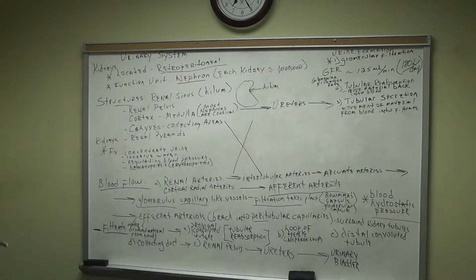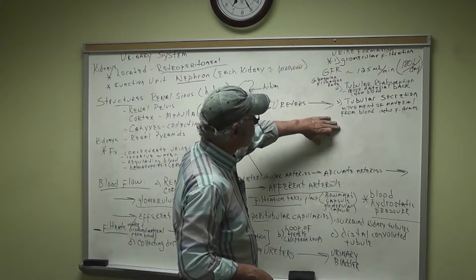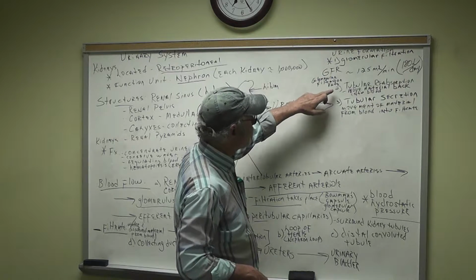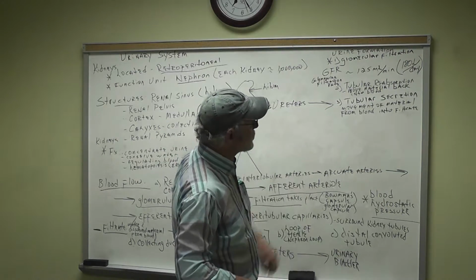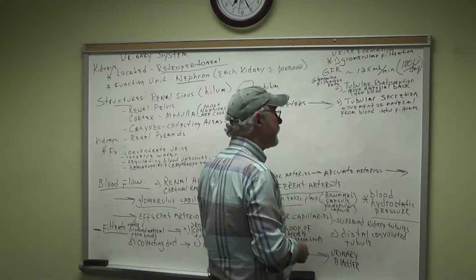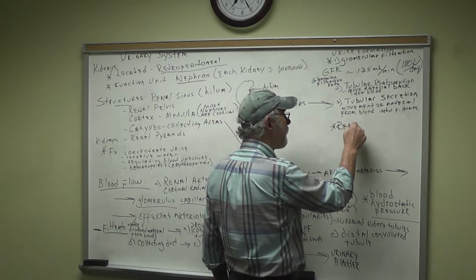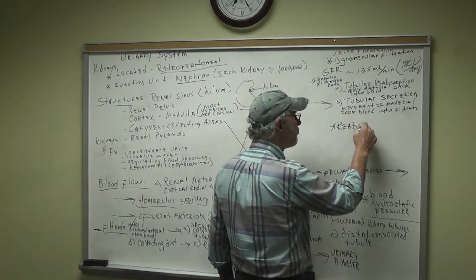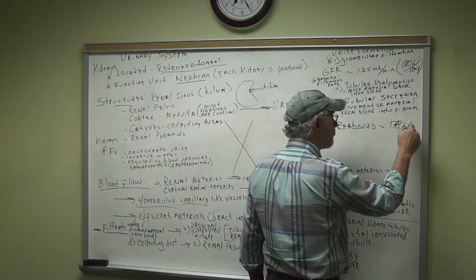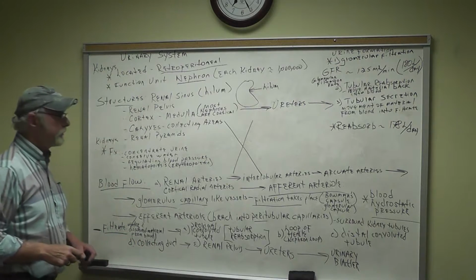Where are we at? It's important, number one, to remember these three processes in urine formation: filtration, reabsorption, and secretion. It's important to remember that we filter about 180 liters a day, and we reabsorb approximately 178 liters per day. Again, these are approximate values depending upon activity.